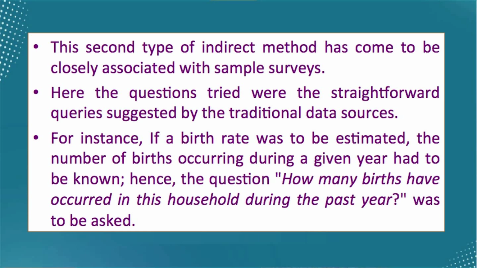However, to obtain estimates of demographic parameters from data gathered by sample surveys, the questions tried were very straightforward queries suggested by the traditional data sources. For instance, if a birth rate was to be estimated, the number of births occurring during a given year had to be known. Hence, the question, how many births have occurred in this household during the past year, was to be asked.